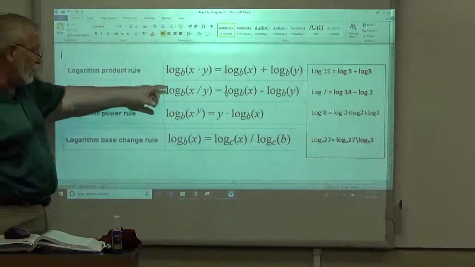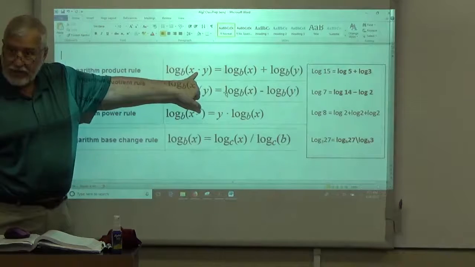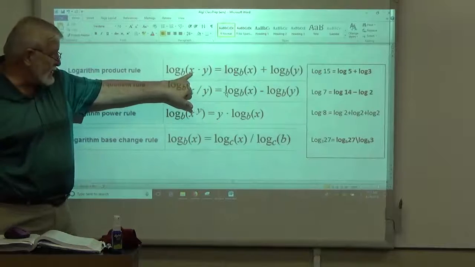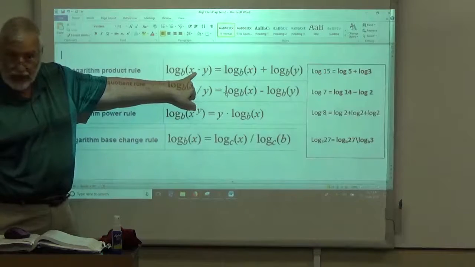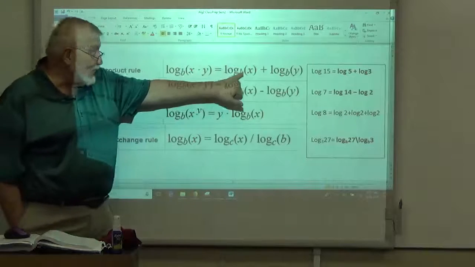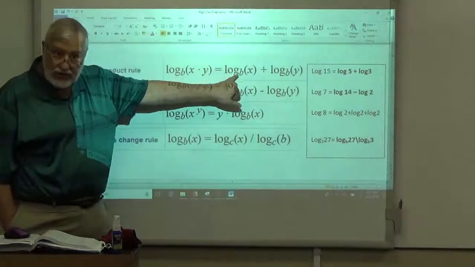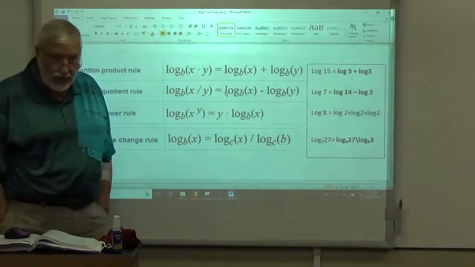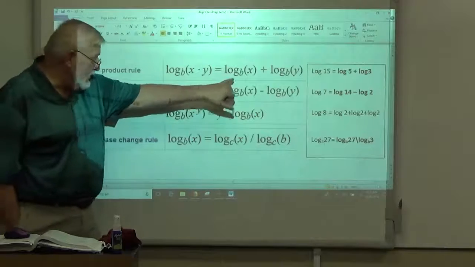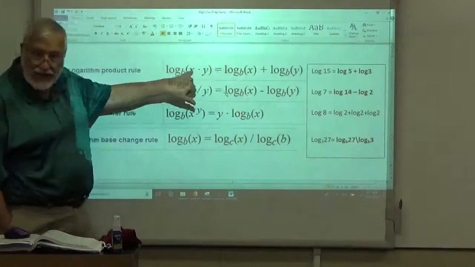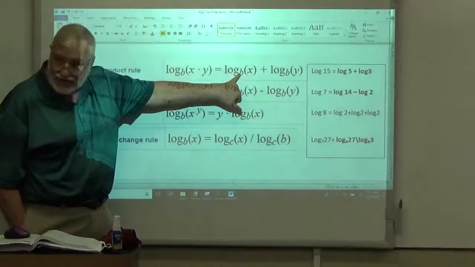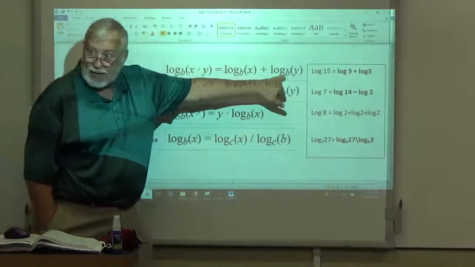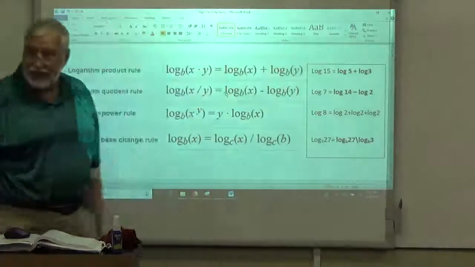In the product rule, if you have two numbers that are multiplied together, in this case x and y, you can break them apart, because a logarithm is an exponent, and that is a testable question. A logarithm is what? An exponent. When you have the two exponents in a product, you add the exponents. So this logarithm is an exponent, and that logarithm is an exponent, and you add them together.